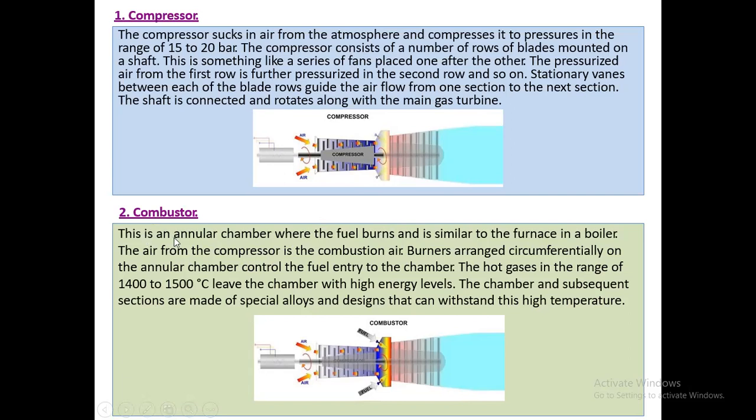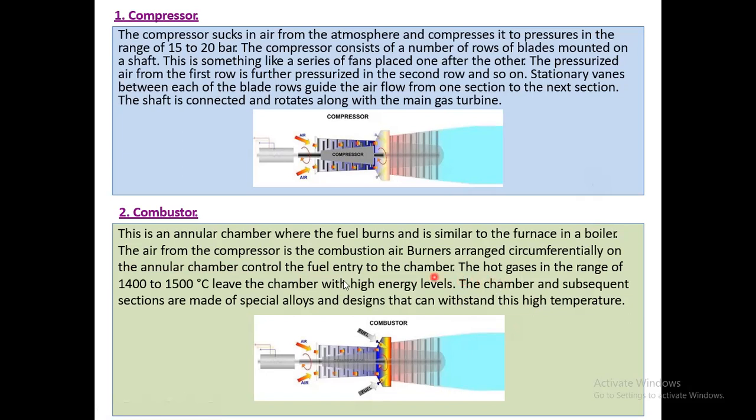Combustor. This is the annular chamber where the fuel burns and is similar to the furnace in a boiler. The air from the compressor is the combustion air. Burners arranged circumferentially on the annular chamber control the fuel entry to the chamber.